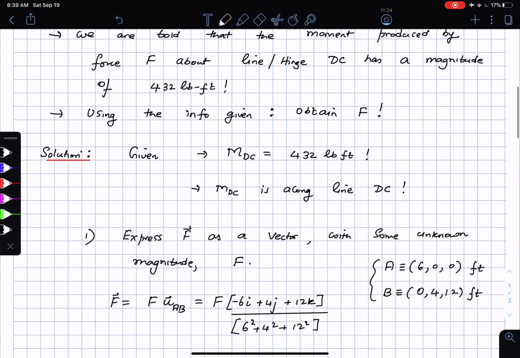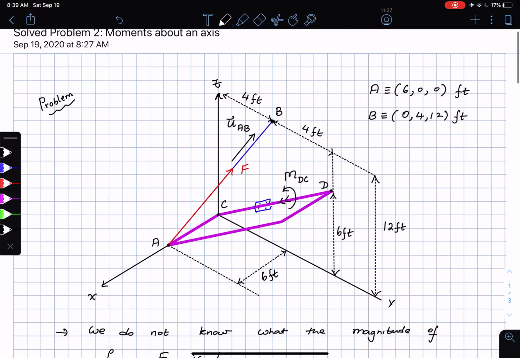First of all, cross product of what? From the point of interest to the line of action of the force. I can go from point C to point A, so I can have my position vector in the following manner. I'm just going to call this RCA. So this is going to be my position vector.